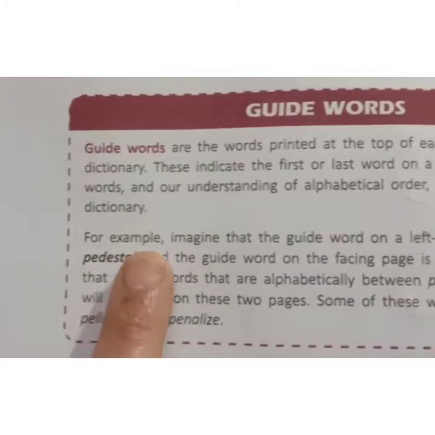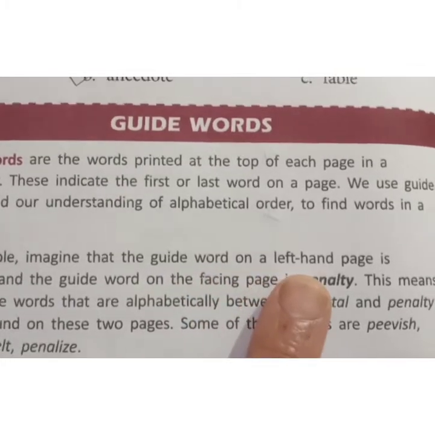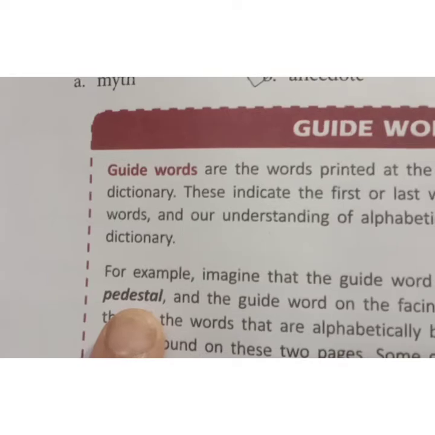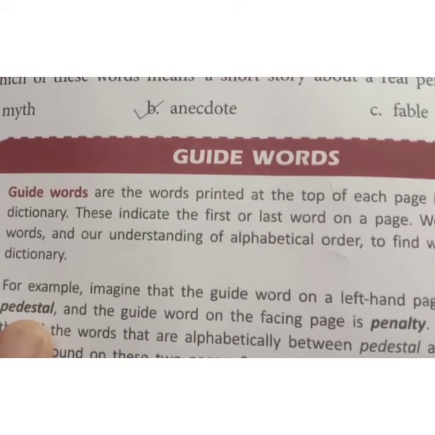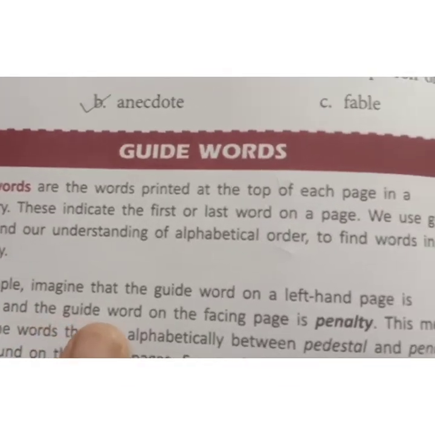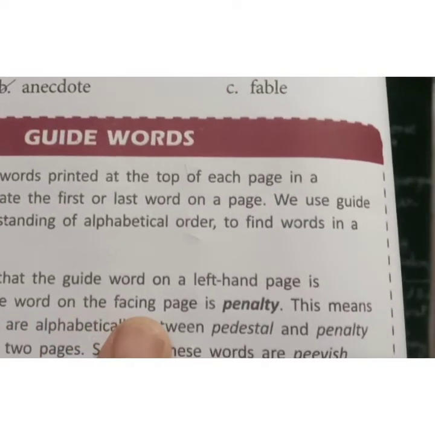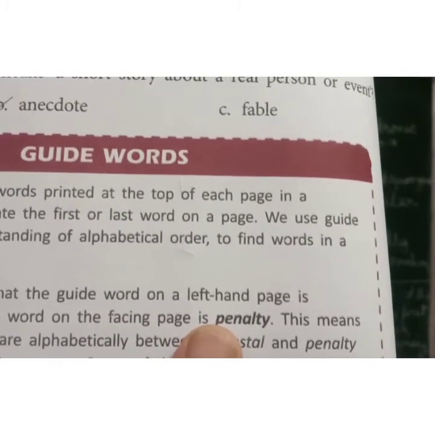For example, imagine that the guide word on a left hand page is pedestal and the guide word on the facing page is penalty. What is the meaning of this?